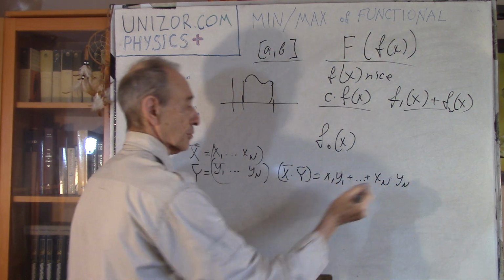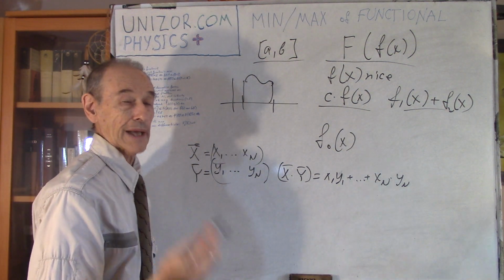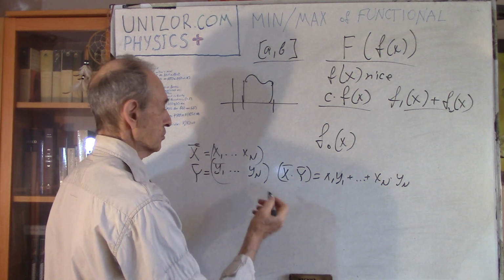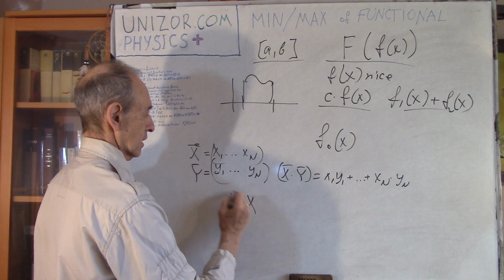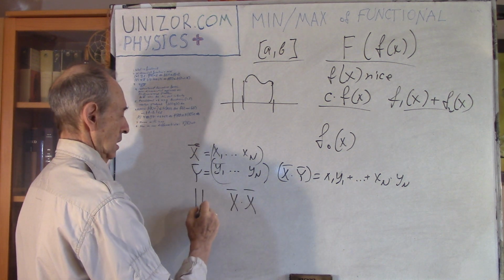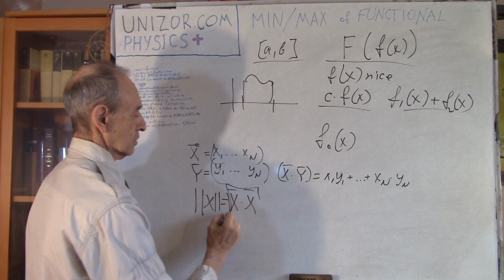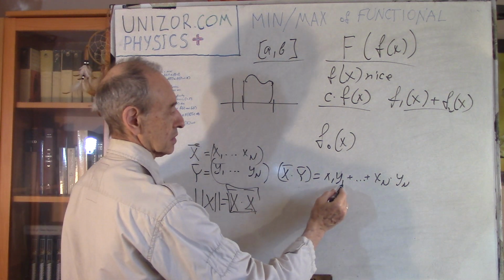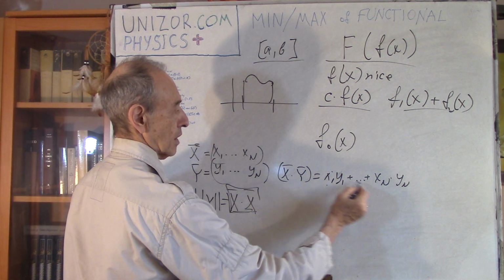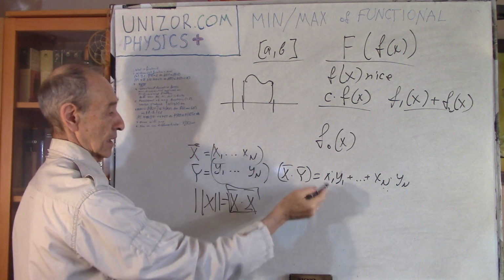So scalar product is defined, and the magnitude of a vector x would be the square root of its product to itself. If its product to itself would be x1 square, etc. plus xn square, if I multiply x by x.